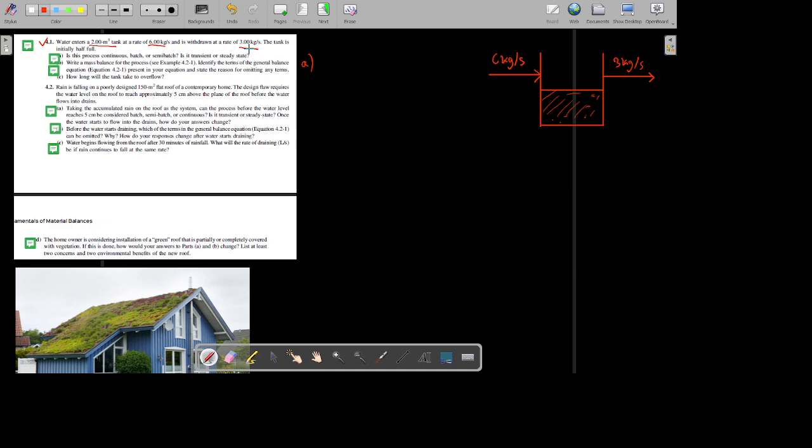As water is continuously fed and removed from the tank, the process is continuous. It is not necessary for the input and output flow rates to be equal to be in continuous state. In this particular example, the input flow rate is 6 kg per second, but the output flow rate is 3 kg per second. These are not equal, but it will still be in continuous state. So the process is continuous.